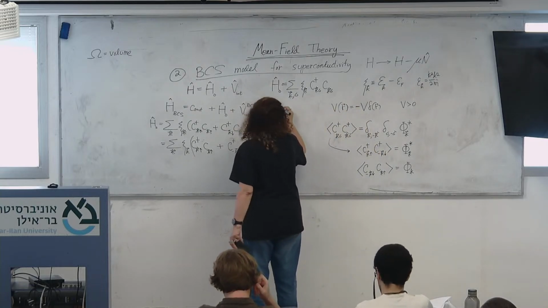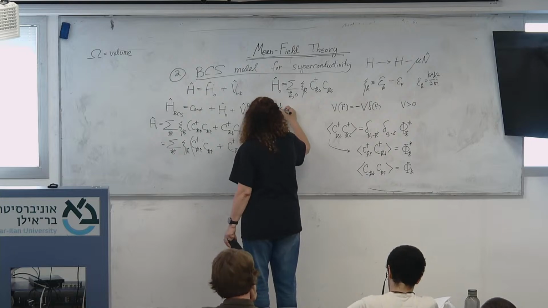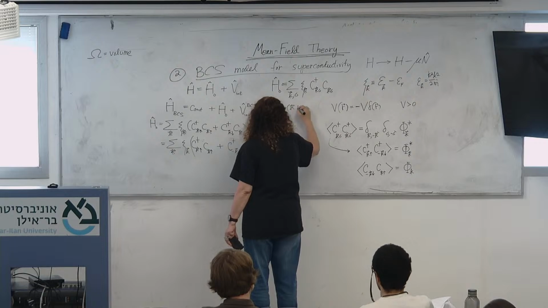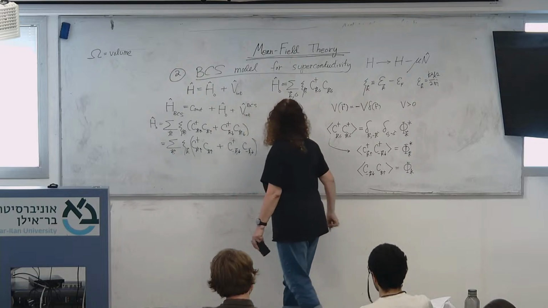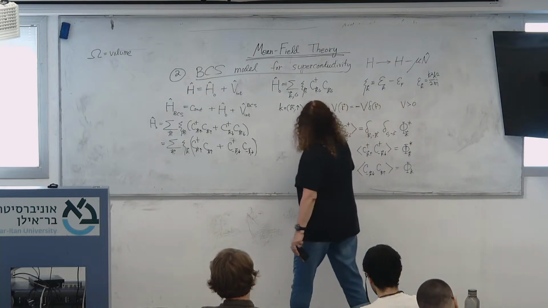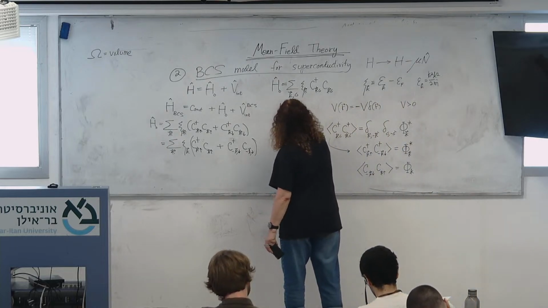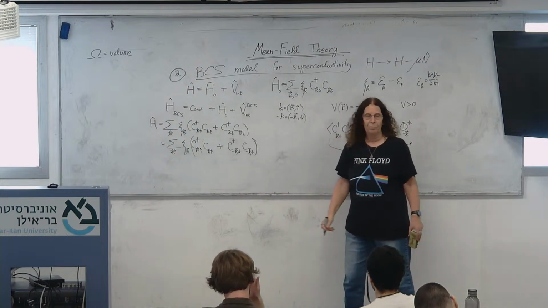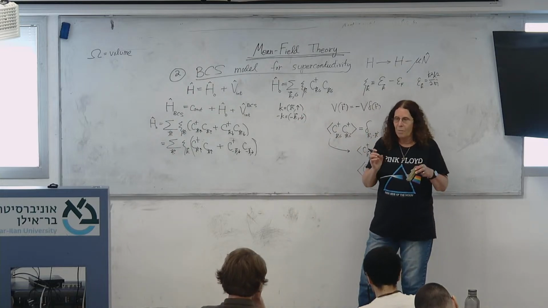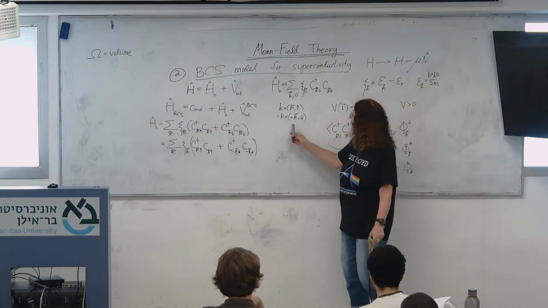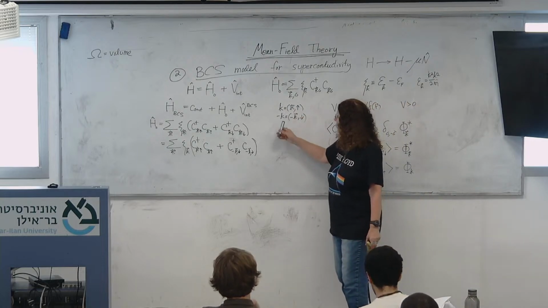That's just a definition. So this will be k and up, and minus k will denote minus k and down. So this k embeds both the spin and the momentum together to be something that I either have a plus or minus.